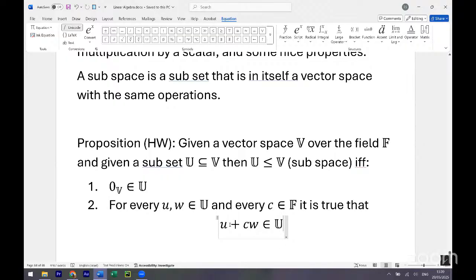And the second claim makes sure closure will hold. Both closure for addition and scalar multiplication are rolled into one. Like I said, I leave it for you as homework to prove that this actually works. But it's very useful. We'll use it anyway.